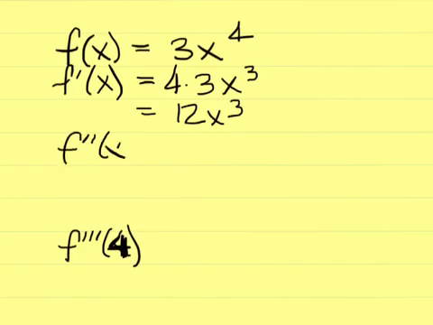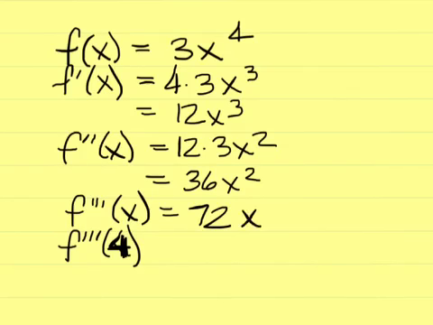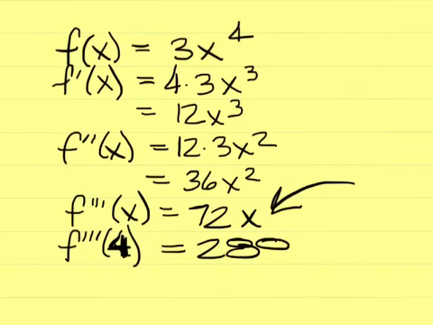The second derivative is going to be 12 times 3, x squared, which is 36x squared. And then the third derivative will be the 2 times 36, which would be 72, and then x. Put in a 4 for the x and get back 288.